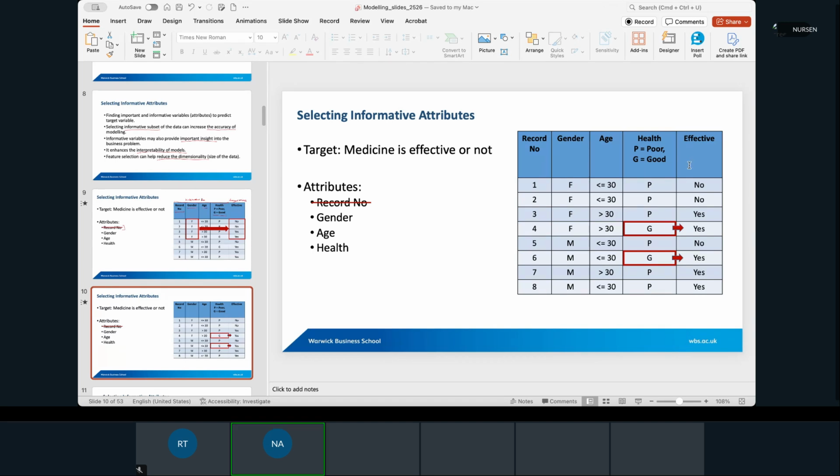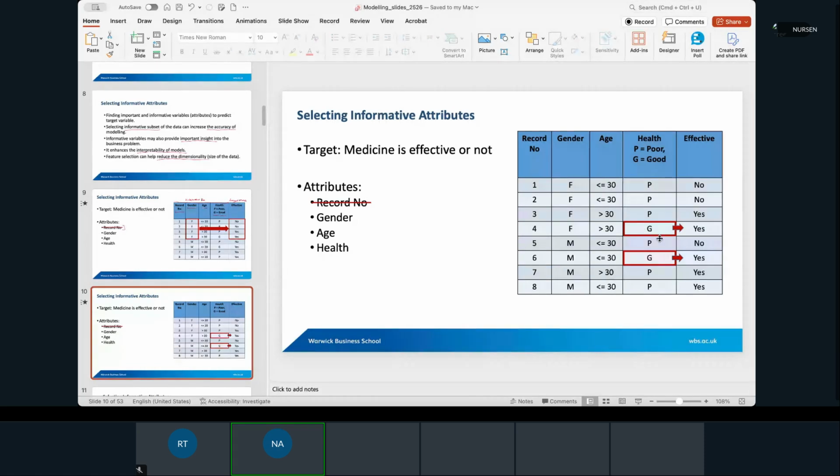I see some mixed answers, like some say yes, given this data, while some of you say that we need to consider other potential variables. So if we know the health as good, as you see in our data set, there are 8 patients. 2 of them have good health, and in both of them, the medicine was effective. And 6 of them have poor health, and that leads to a different outcome.